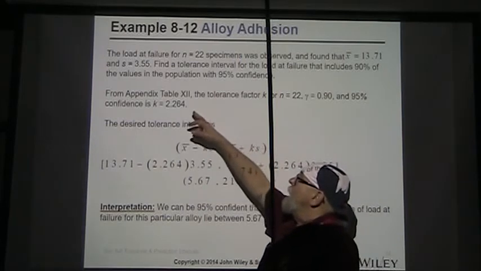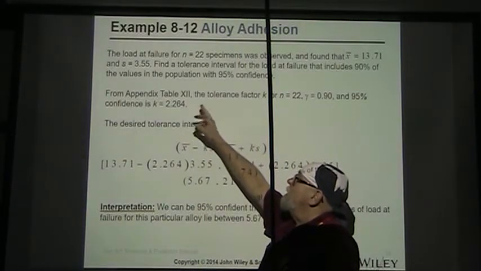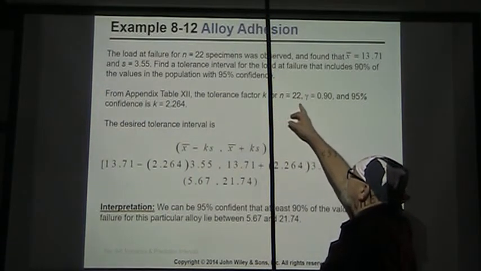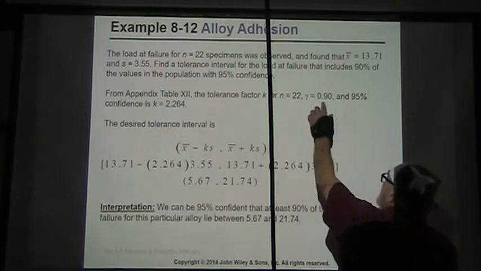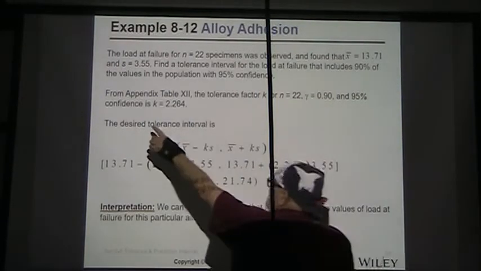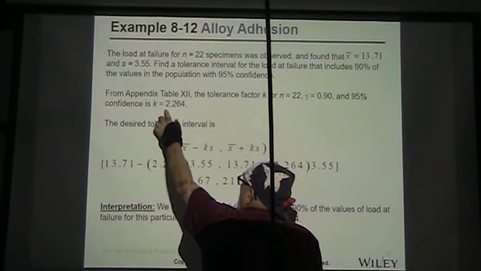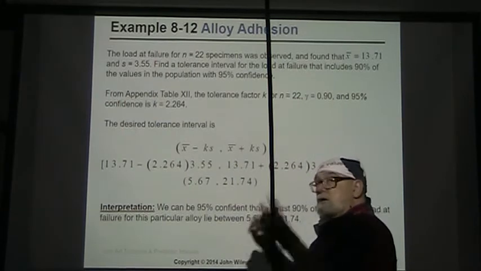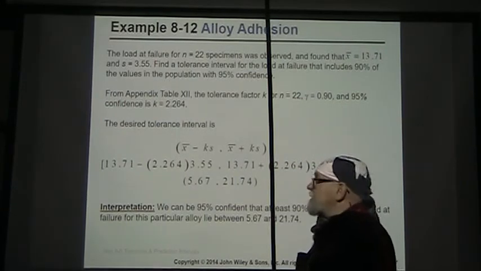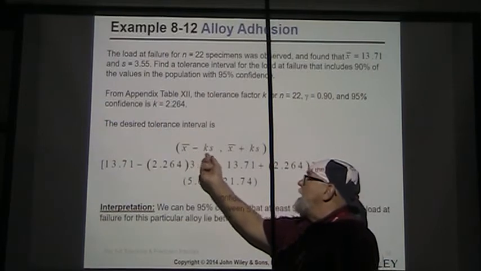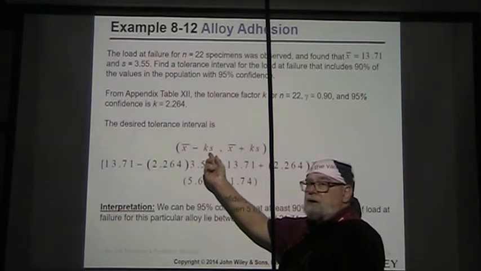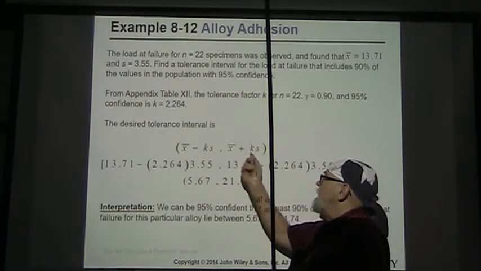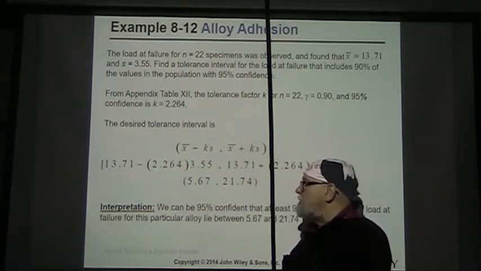So from our appendix table 12, our tolerance factor k for n equals 22 with gamma equals 90% and 95% confidence is k equals 2.264. So our desired interval is x bar minus k times sample standard deviation, and x bar plus k times our sample standard deviation.